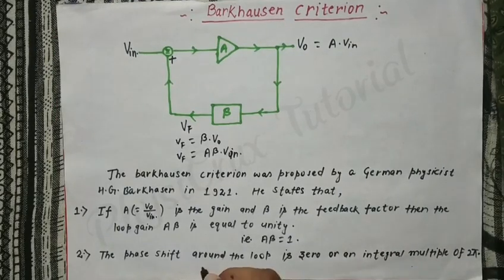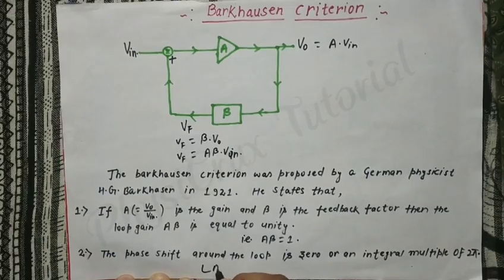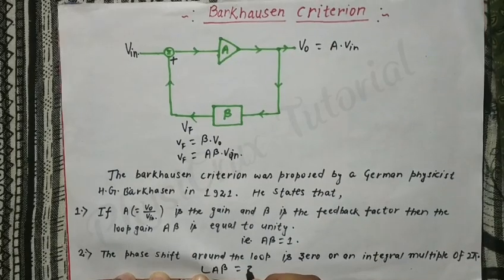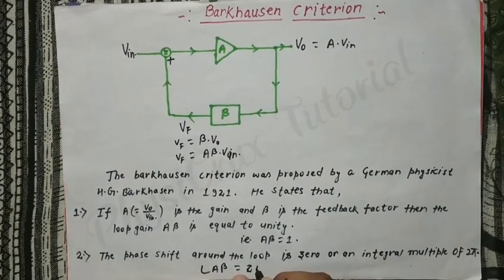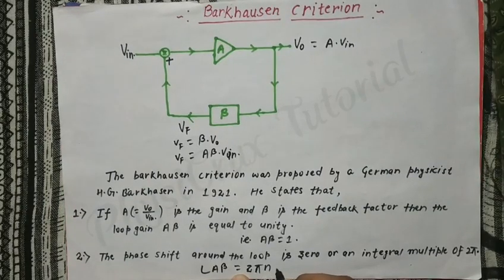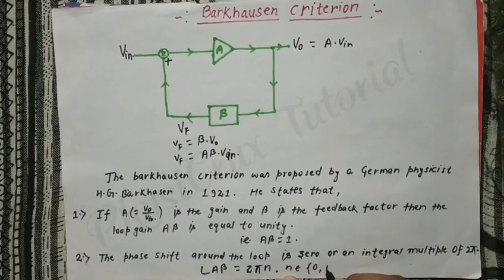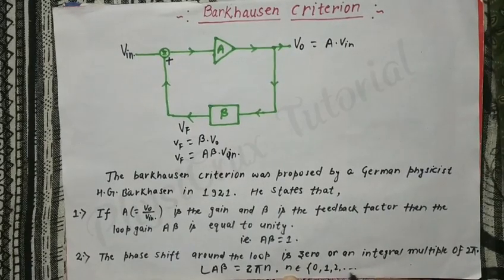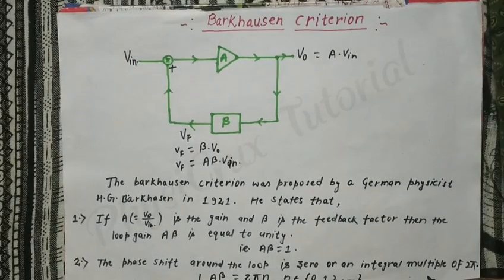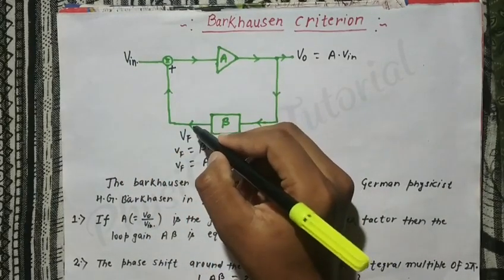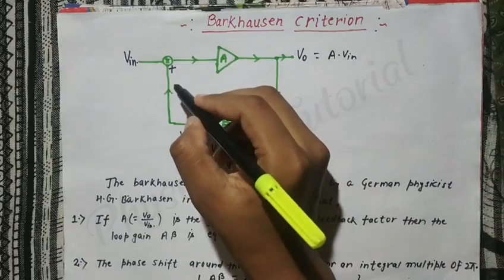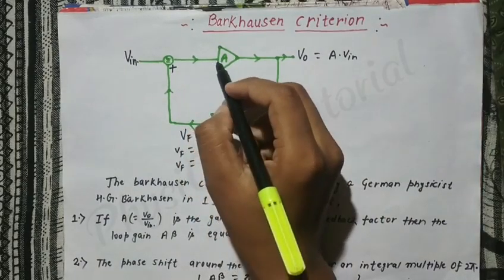At the stage when input signal V in is removed, the feedback voltage Vf is derived as the input of the amplifier.